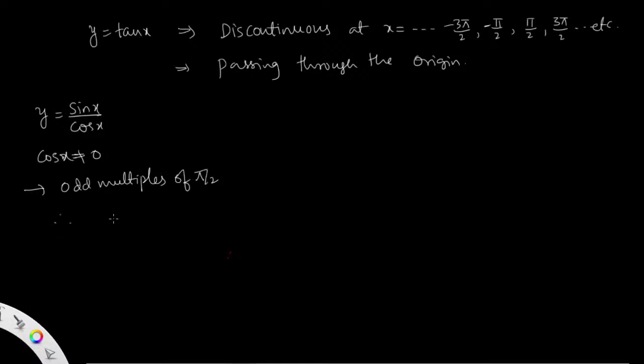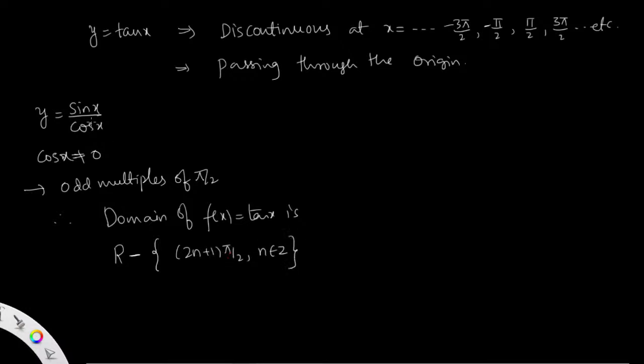So the domain of f of x equal to tan x can be written using odd multiples, that is 2n plus 1 into pi by 2, where n belongs to Z. Since cos x is in the denominator, it should not be 0, so we subtract the odd multiples of 90 degrees from R. The domain is R minus 2n plus 1 into pi by 2, n belongs to Z.